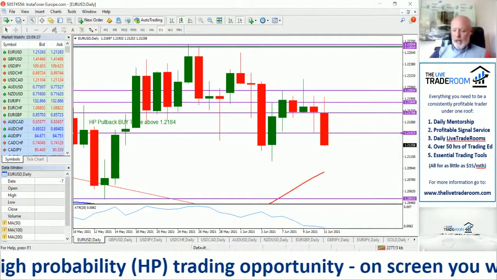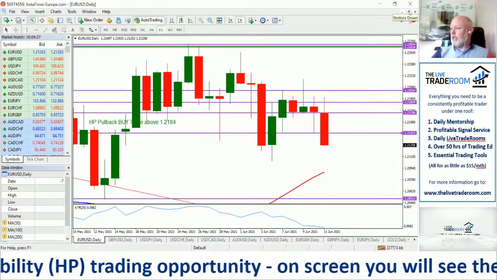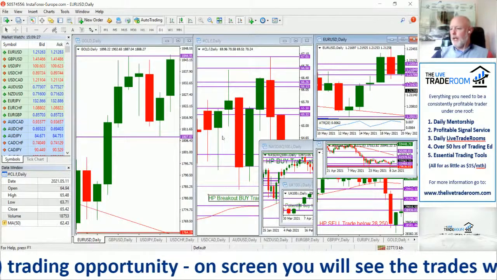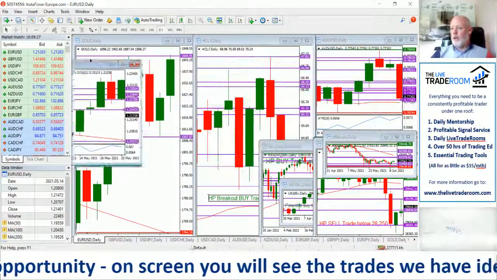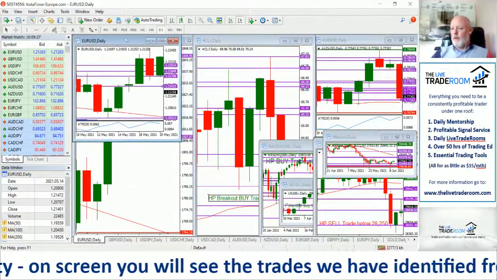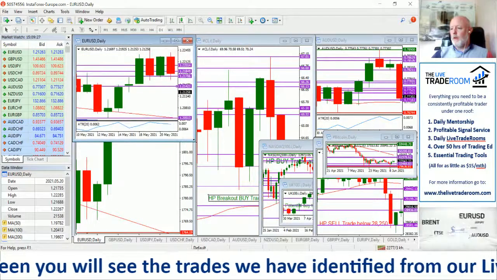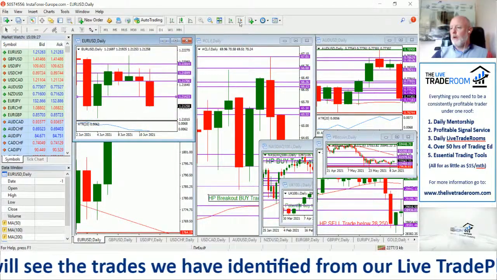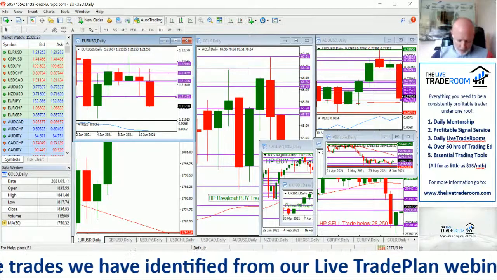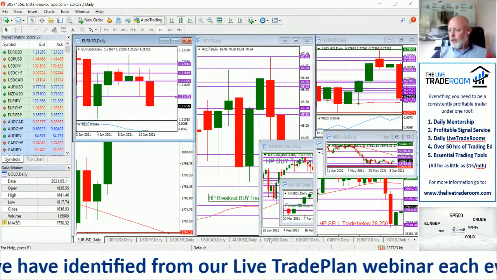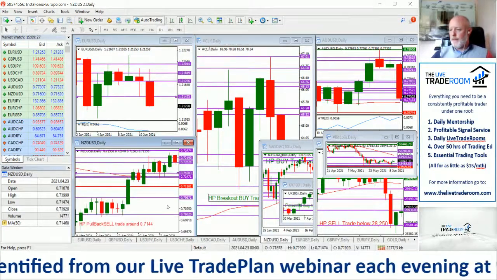So let's put together these markets. We'll see where the opportunities lie, and if we can execute trades in those. So we were talking about the euro dollar to the downside, the New Zealand dollar.